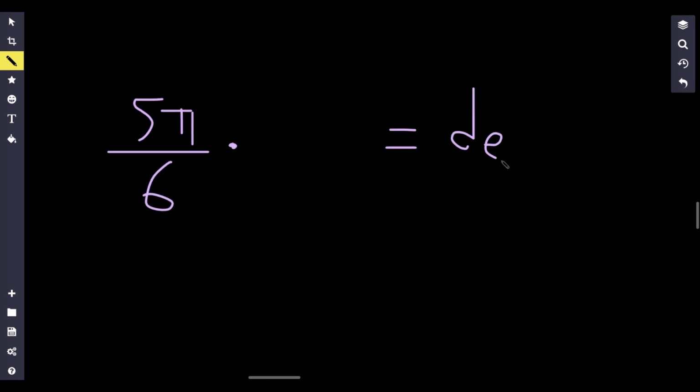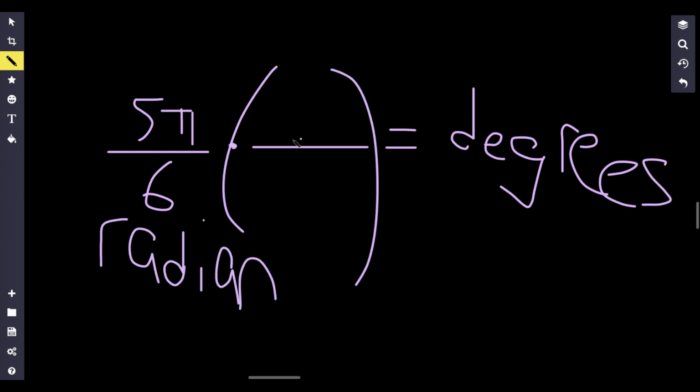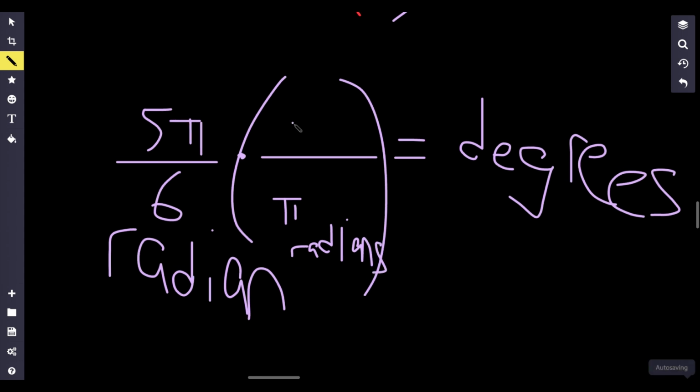Let's say I have 5 pi over 6 radians, and I want to get to degrees. How do I do this? Well, we know that there's pi radians in 180 degrees.